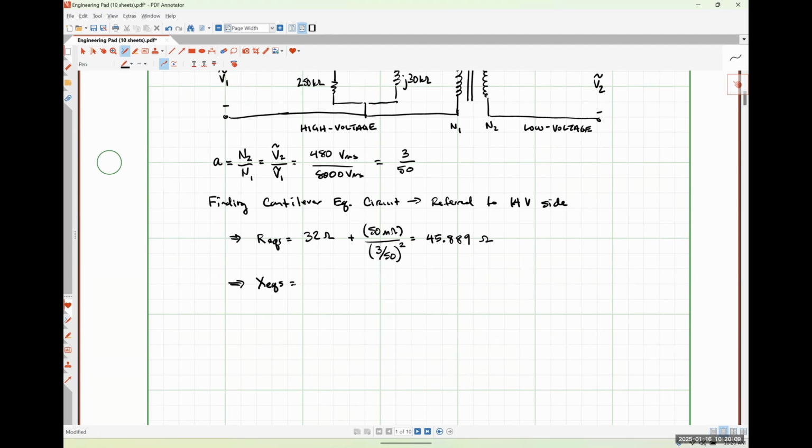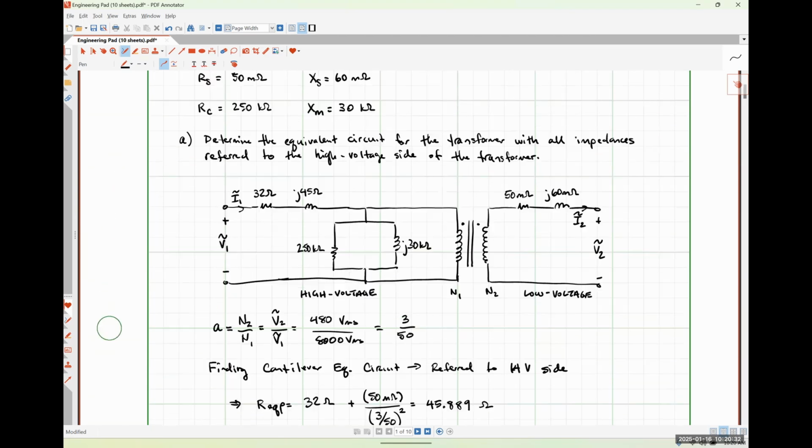So this should be REQP because we referred it to the primary. My apologies. So what are we going to do for our series reactance? You would be correct. It's literally that easy.